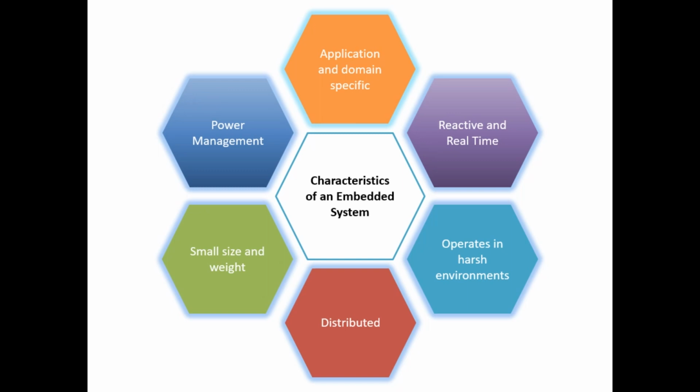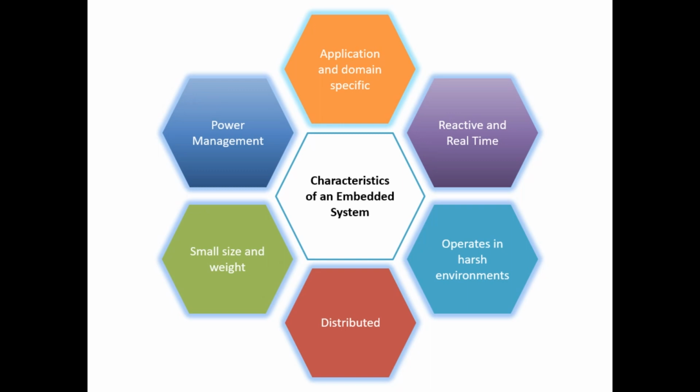I am trying to make the system as small and as light as possible, and the next characteristic of the system is a concern now. So we should have ultra low power components, which are anyway commercially available. We are going to use such components to produce an embedded unit.